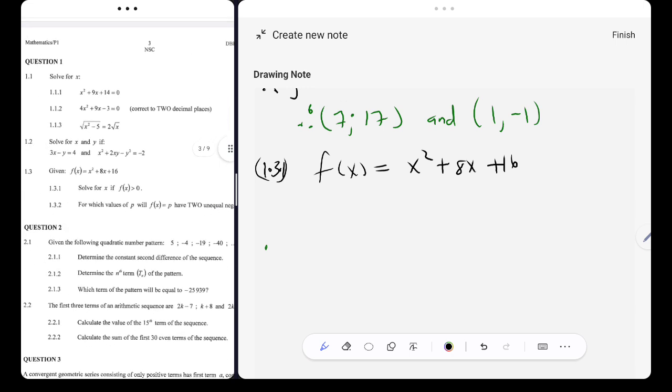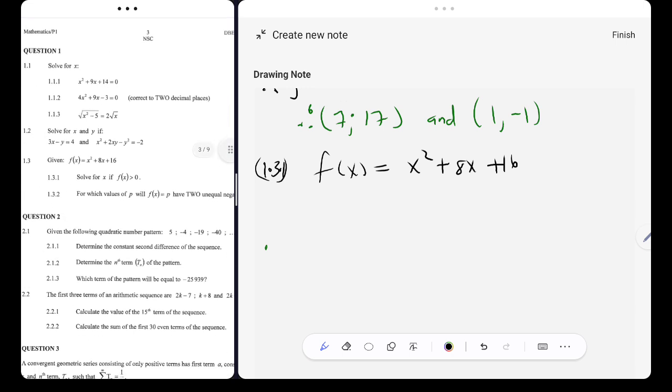I'm supposed to solve for x when f of x is greater than 0. f of x greater than 0 simply means x squared plus 8x plus 16 is greater than 0.